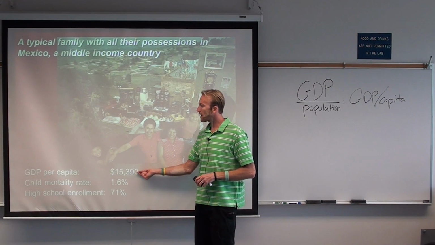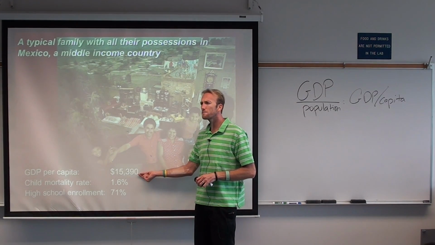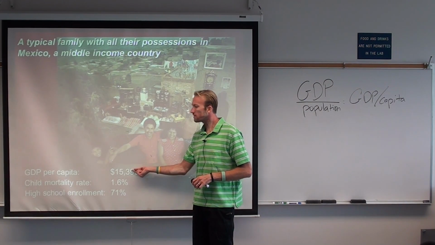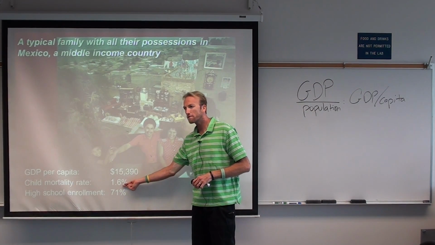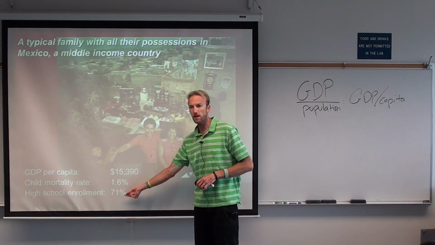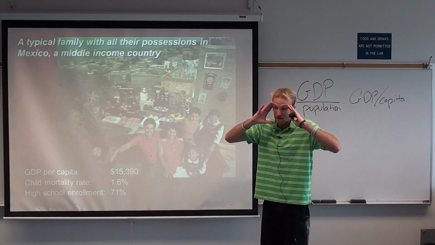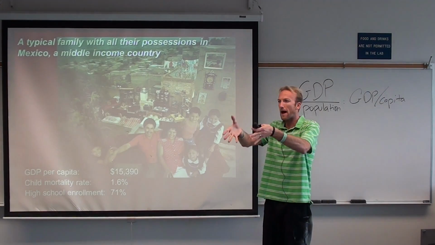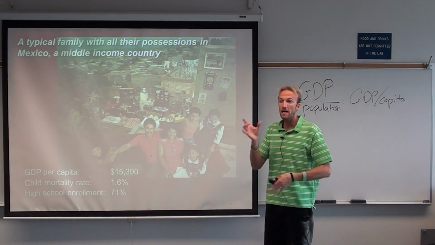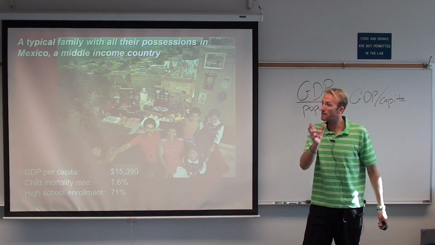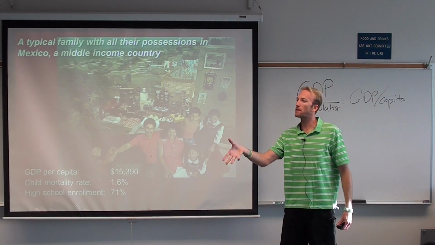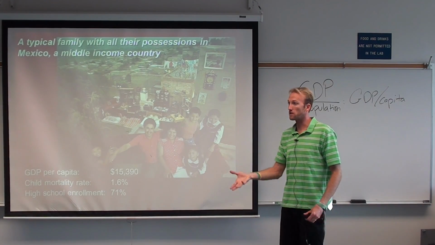However, it just so happens that GDP per capita tends to be associated very highly with... higher GDP per capita means lower infant death rate and higher education, right? So even though we don't really maybe even care about the actual dollar value that people make, we care about their happiness or their health or stuff like that. It just so happens that very often we can measure GDP per capita, and it tells us a lot about these other things that we technically actually care about.